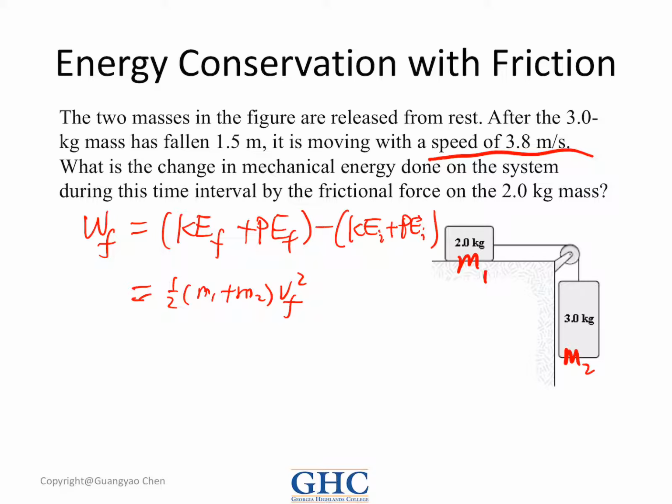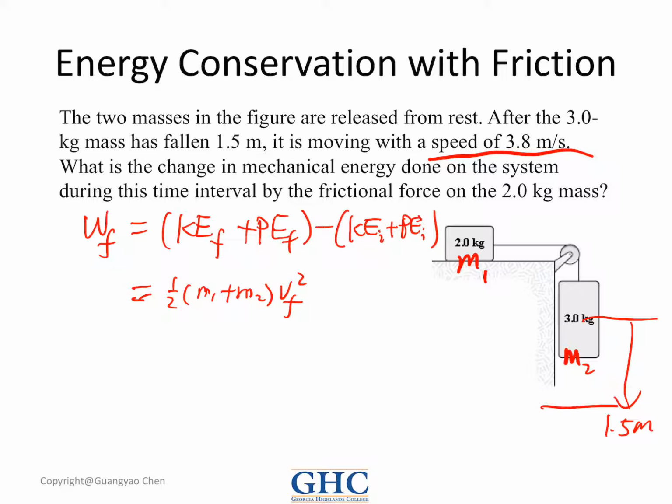Final potential energy: you see m1 keeps moving on the platform, so m1's potential energy doesn't decrease, only m2's potential energy decreases by the amount of m2g times 1.5 meters.